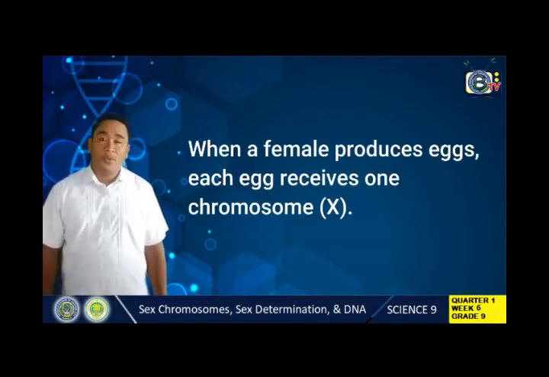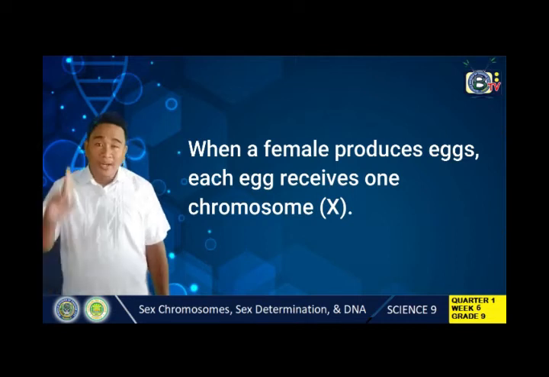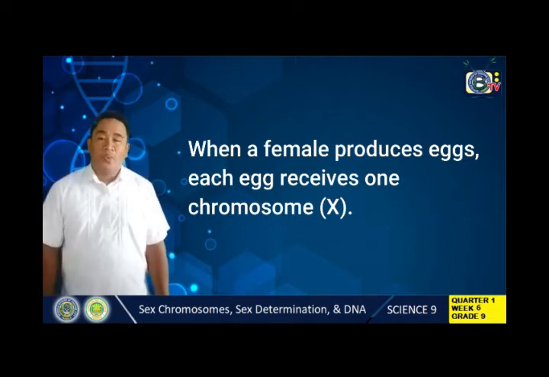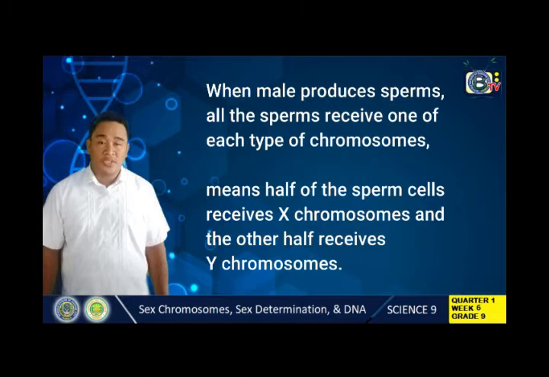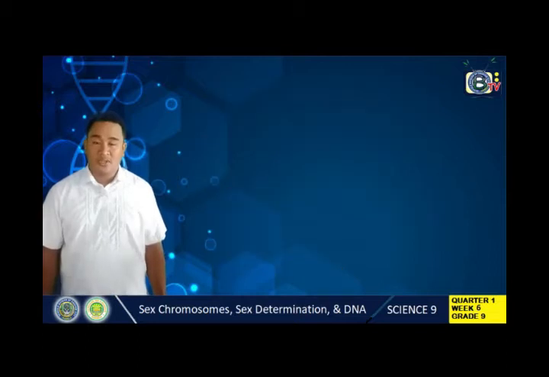When a female produces eggs, each egg receives one X chromosome. When a male produces sperm, the sperm receive one of each type of chromosome. Meaning, half of the sperm cells receive X chromosomes and the other half receive Y chromosomes.